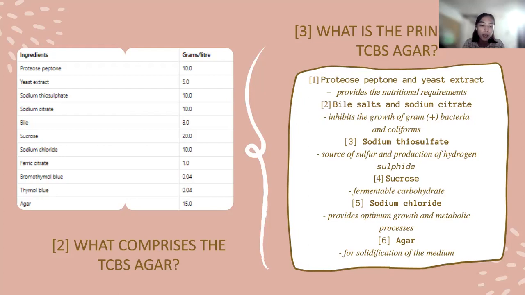Number 7, we have bromothymol blue and thymol blue as indicators, which account for 0.04 grams per liter. So that's the least ingredient present in our agar. This agar maintains a final pH of 8.6 plus or minus 0.2 at 25 degrees Celsius.